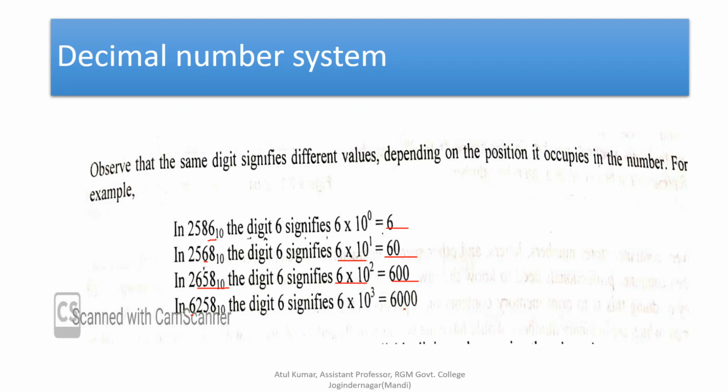So we can represent any number by using available digits and arranging them in different positions. Depending upon the position of a digit in a number, its value changes in positional number system. So decimal number system is a positional number system.